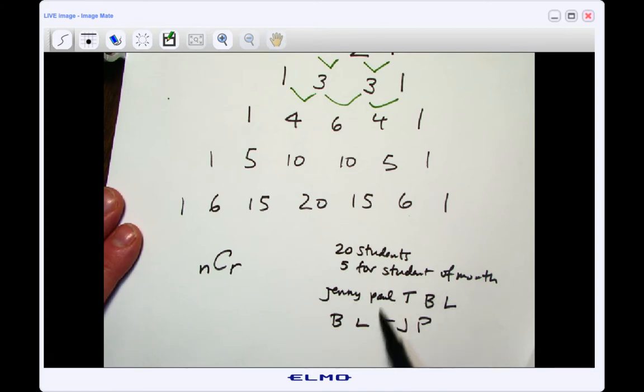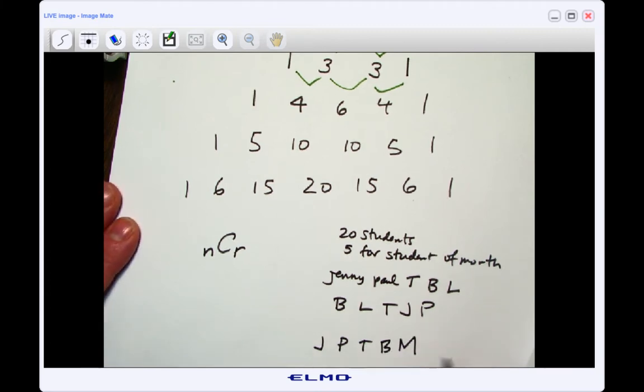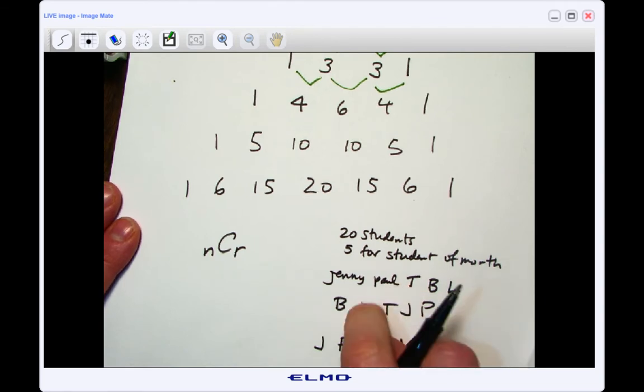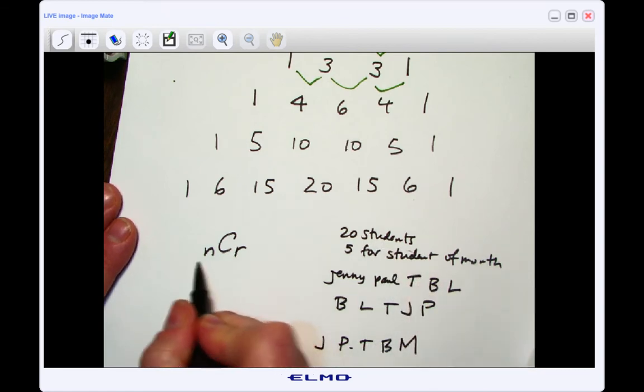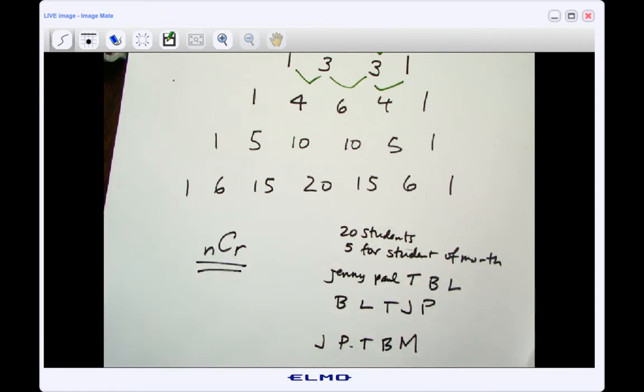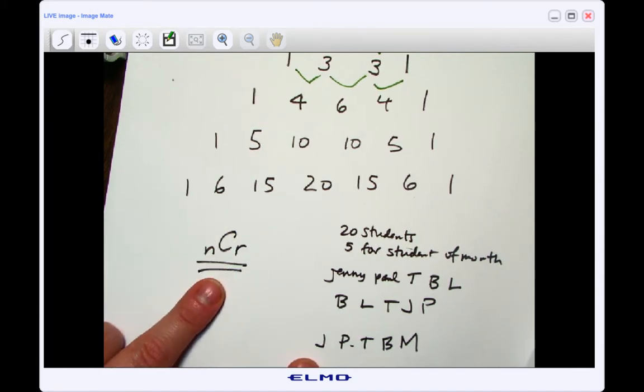These 2 options would be the same. But if I picked instead Jenny, Paul, Tanisha, Bobby, and Maurice, well, that would be a different group. So this group and this group would be different, but these 2 groups would be the same. So it's how many different groups can I get out of the 20? That's what this thing is telling me, okay? So that's what we're going to be looking at, how many different groups we can get.